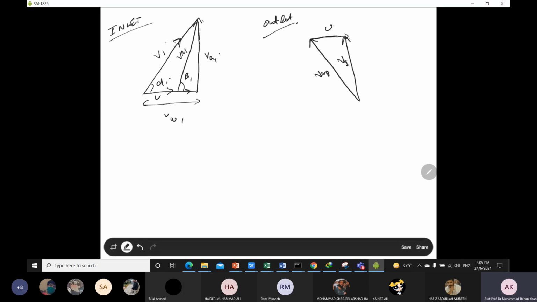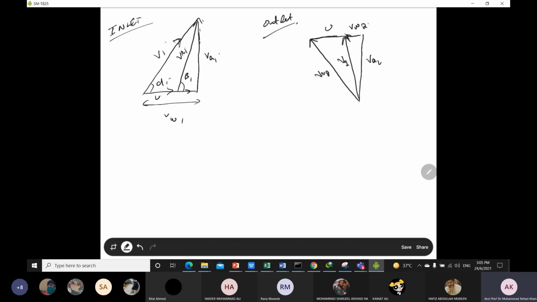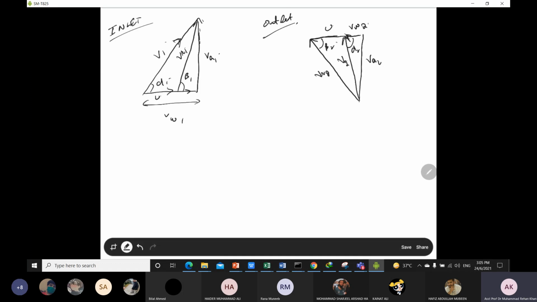The absolute velocity has two components. One is the axial, so this is VA2, and one is the tangential, which is VW2. And again the angles: this is alpha 2, and this is beta 2. So this is the outlet velocity diagram.